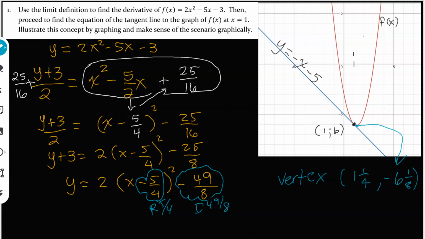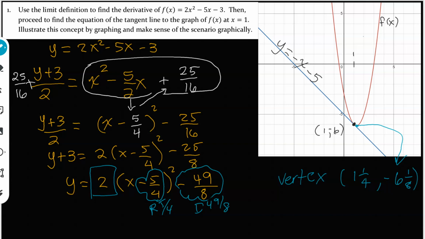Now in order to graph this, the transformation stretch factor is 2. So from the vertex, we go over 1, up 2, and that's where it's at. Over 2, up 8, and that's how you would sketch the graph.